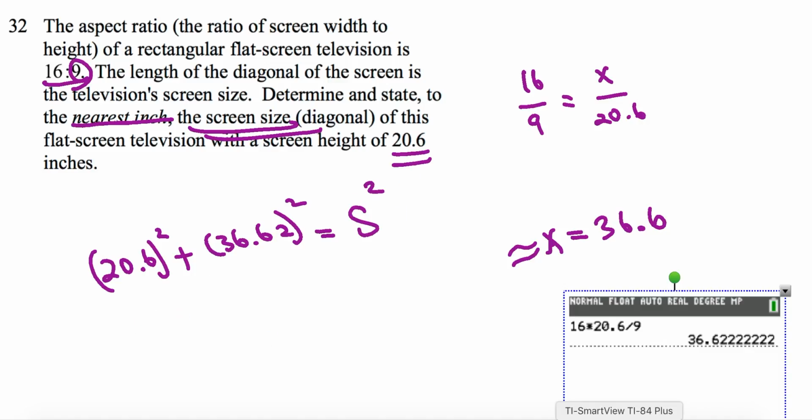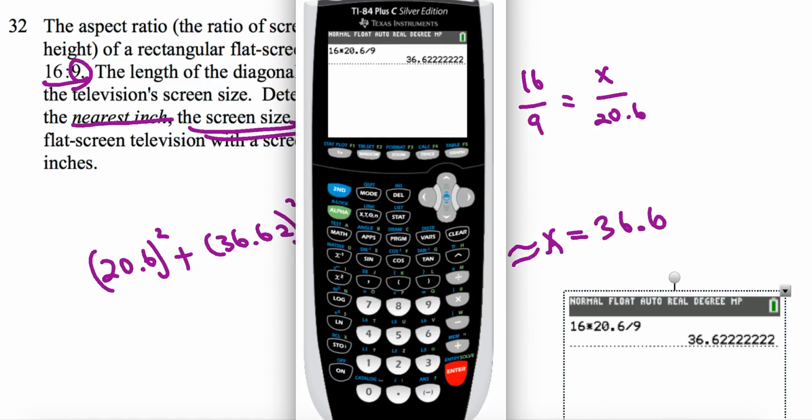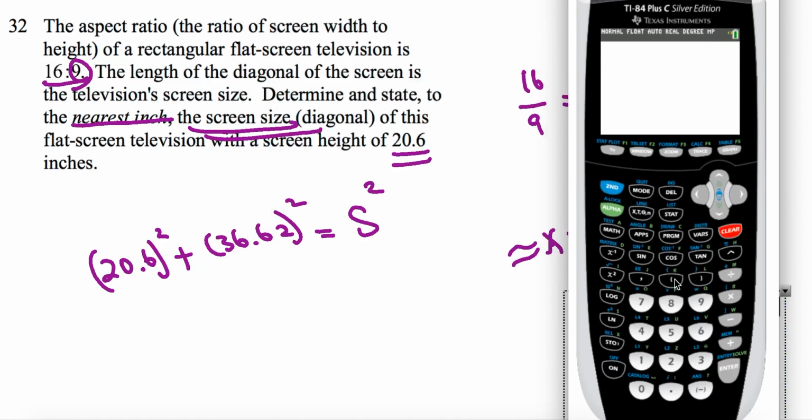So we get 20.6 squared plus 36.6 squared.